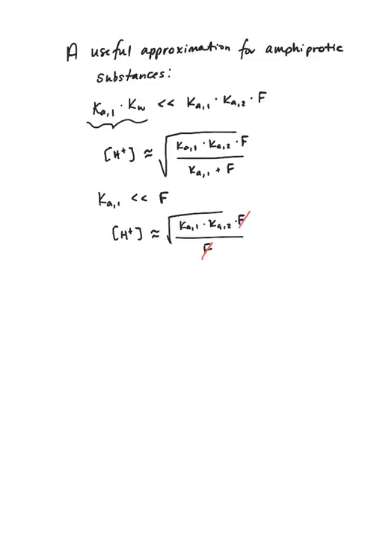So let's manipulate the result of this equation. Let's square both sides again, and we'll get concentration of H plus squared is equal to Ka1 times Ka2. All right, well, just for the heck of it, let's also take the negative log base 10 of both sides, just because that's what you do when you're doing math.